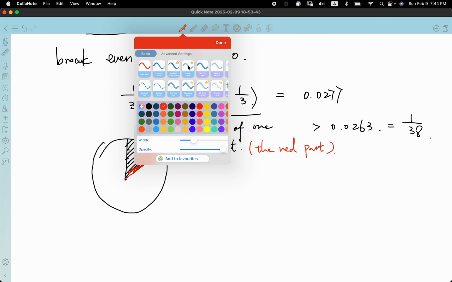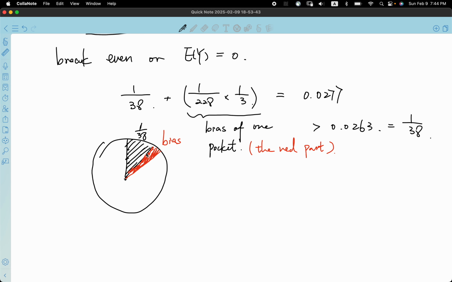But this is just for one particular number, and there are three pockets that have this kind of bias addition added to them. But in other words, that means for the remaining numbers, if you still divide it by 35, the probability is going to be less than the 1/38 probability.